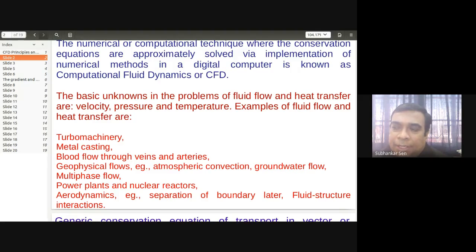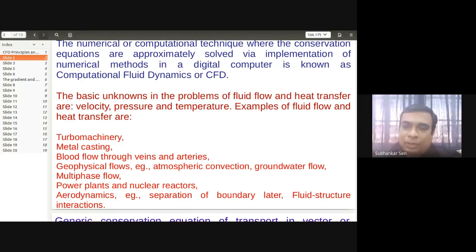The governing equation will be a partial differential equation in generic form. There are conservation rules: conservation of mass, conservation of linear momentum, and conservation of energy. These conservation equations are all partial differential equations, written at a point as a function of time.